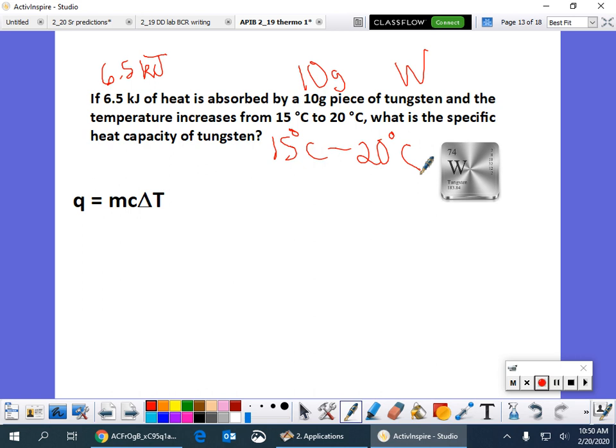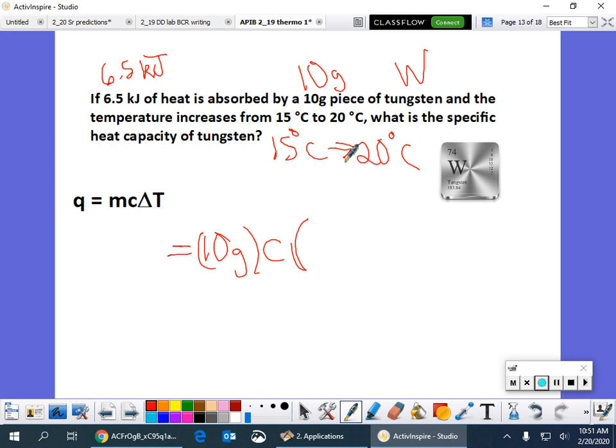So what do we have that we know? Okay, we know mass, so our mass is 10 grams. Our delta T is increasing from 15 to 20, so our final minus initial is going to be positive 5. 20 minus 15.